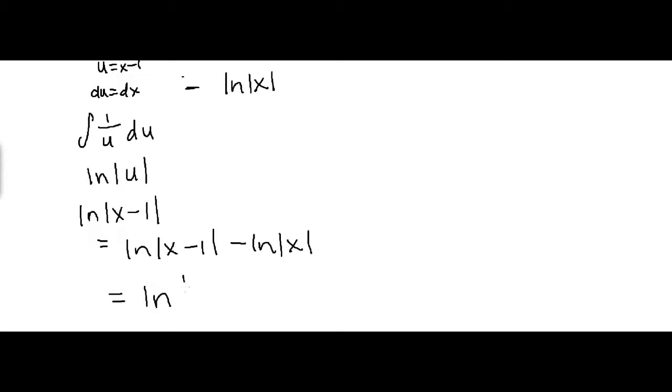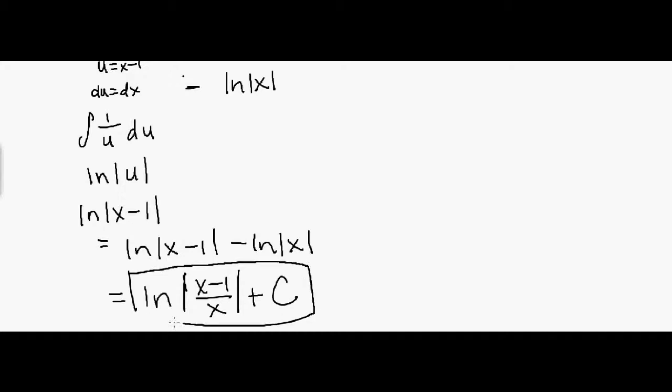Combining these, this is going to give us ln of the absolute value of x minus 1 over x, plus c, which I have actually been dropping. But this right here is going to be our answer.